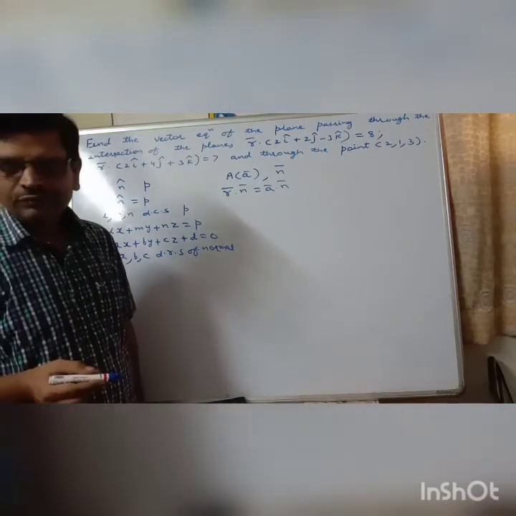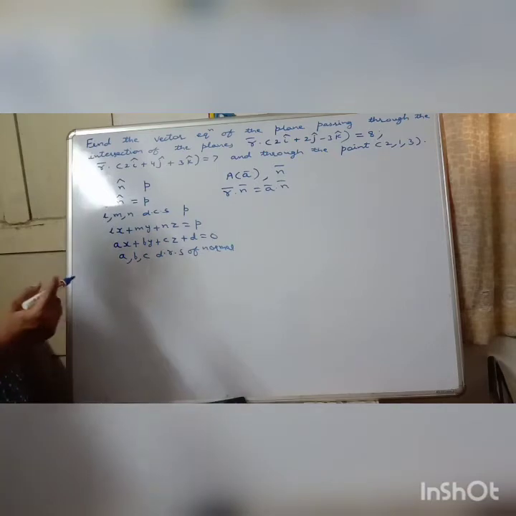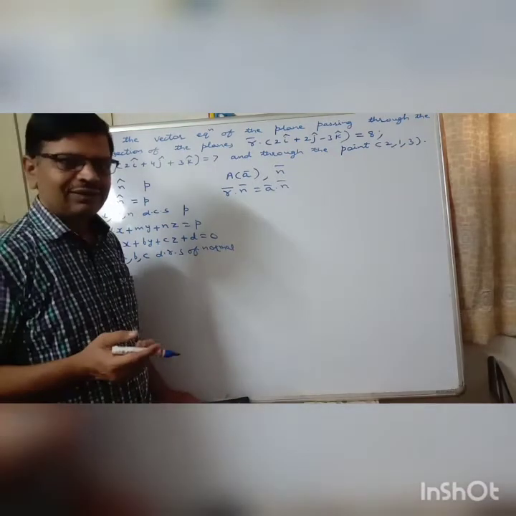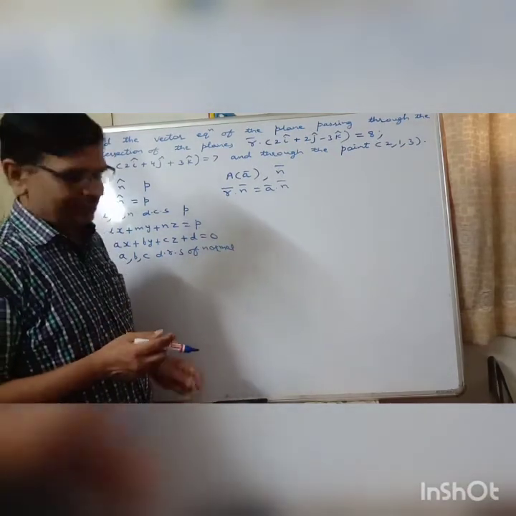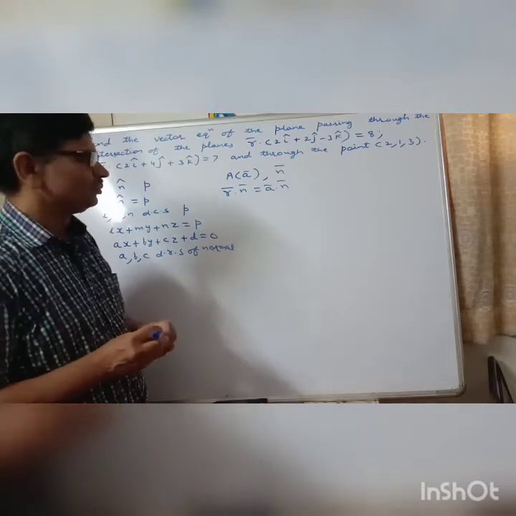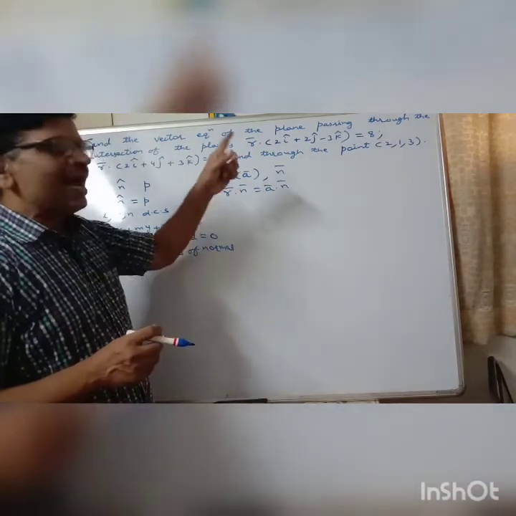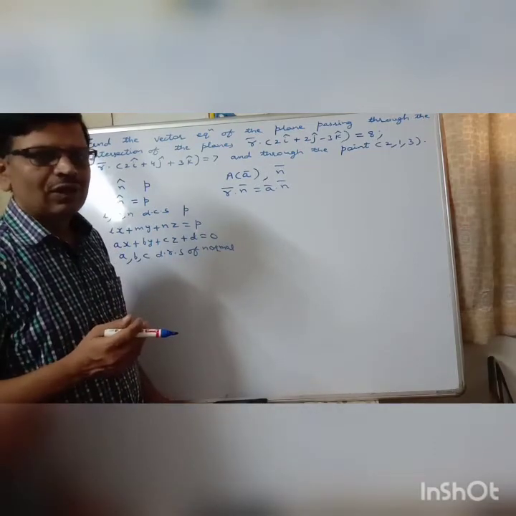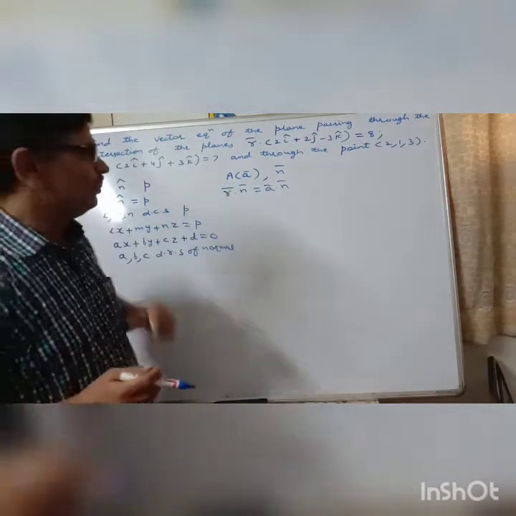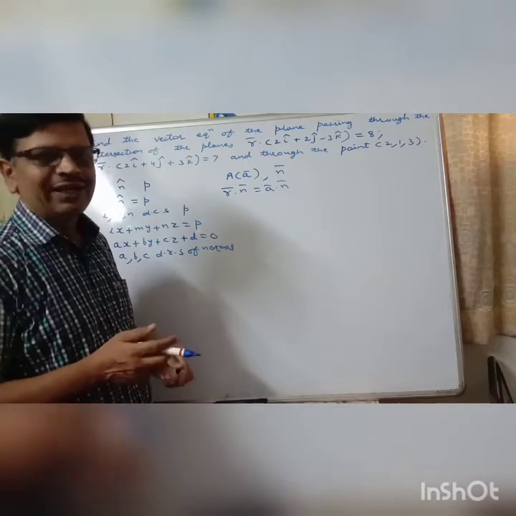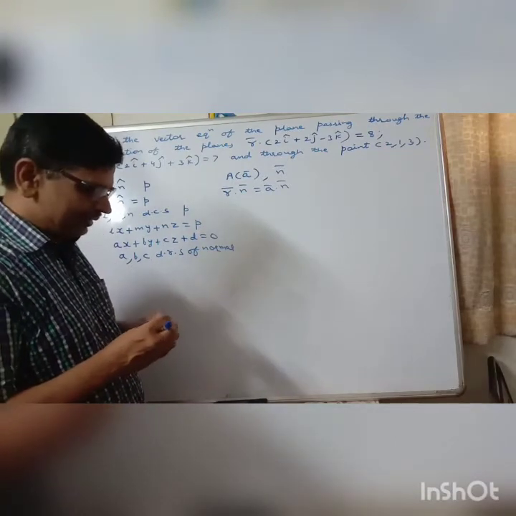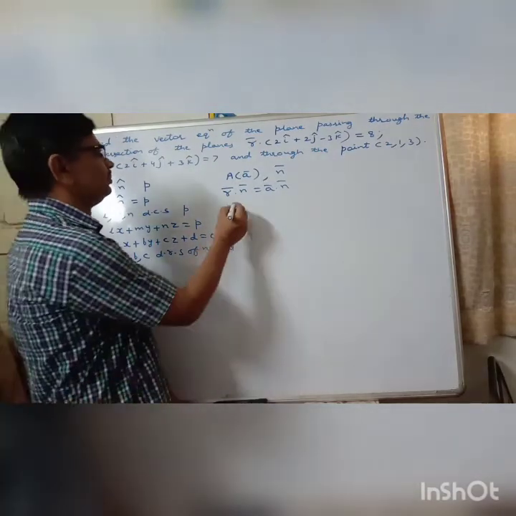If we know coordinates of point in the plane and direction ratios of normal to the plane, then also we can write equation of plane, but it is in Cartesian form.